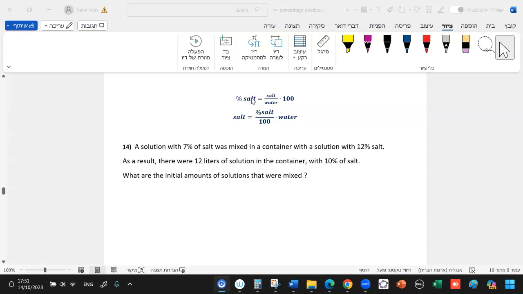The percentage of salt is the amount of salt over the amount of water times 100, because the total here is the water.